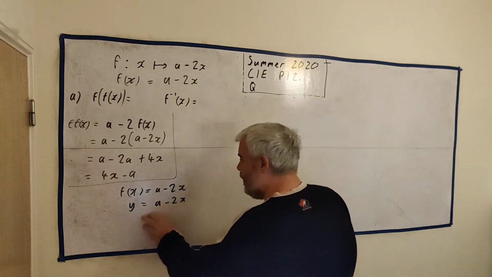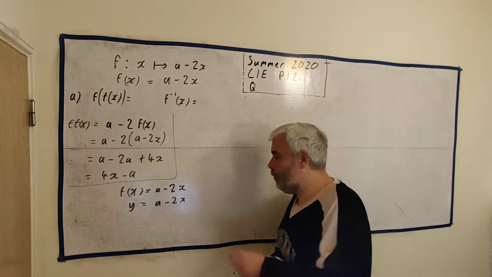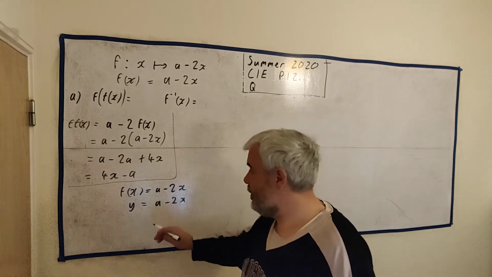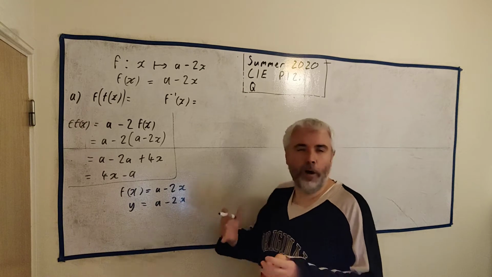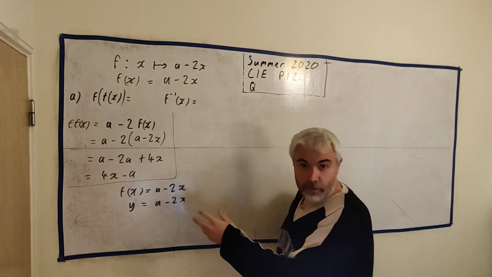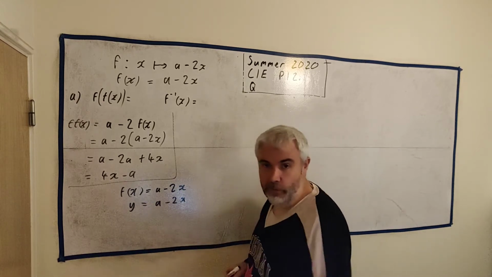Okay, so y equals a minus 2x. Now the inverse is the opposite of the question. For example, if I put 2 in, x is equal to 2, and I got 9 out, y is equal to 9.